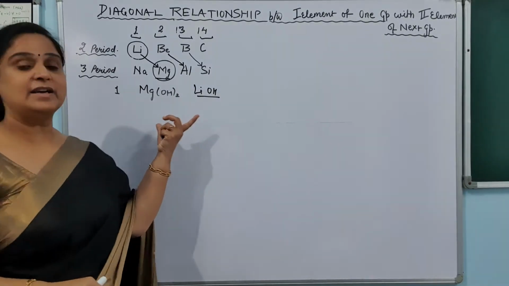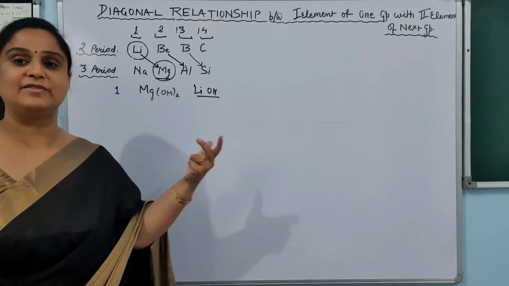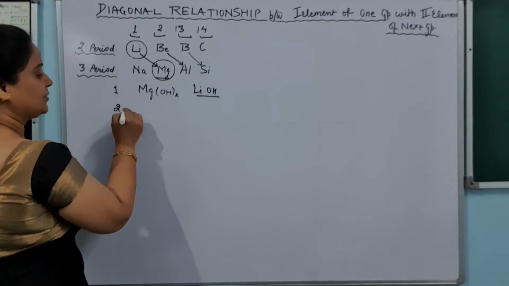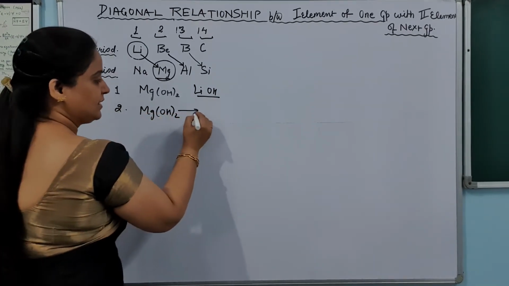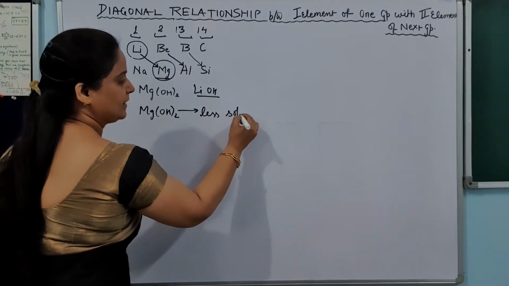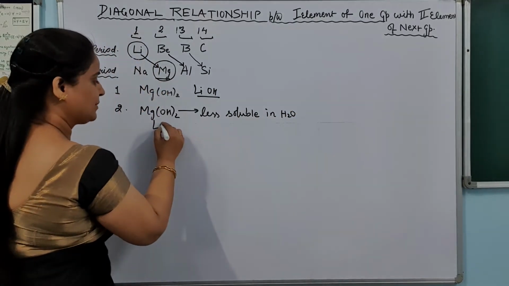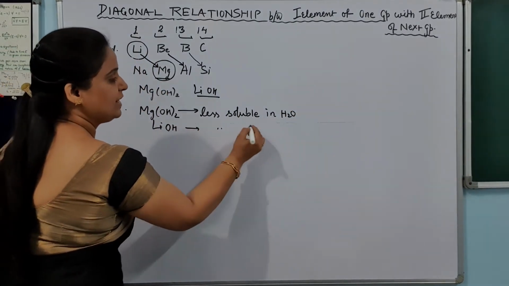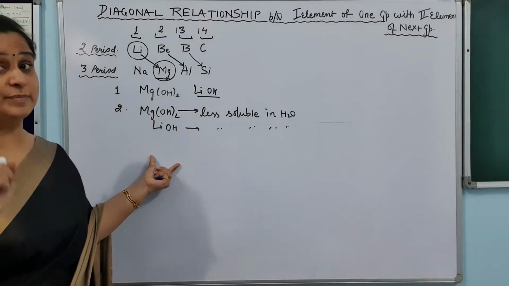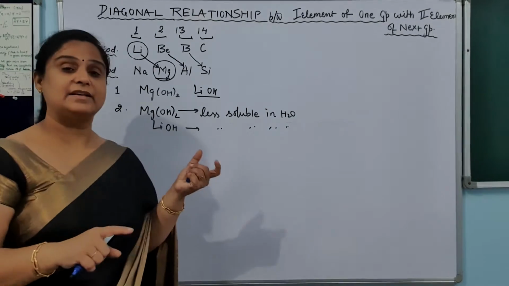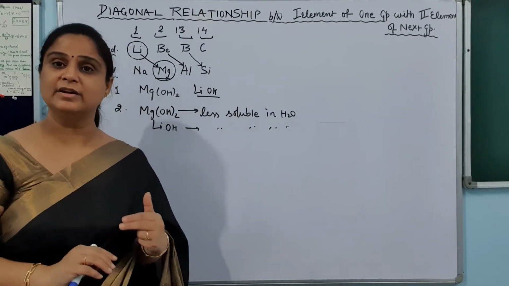Both make weak bases. The second property: just like magnesium hydroxide is less soluble in water, lithium hydroxide is also less soluble in water. So their hydroxides are less soluble in water, whereas we know very well that the hydroxides of the first group elements are highly soluble in water.